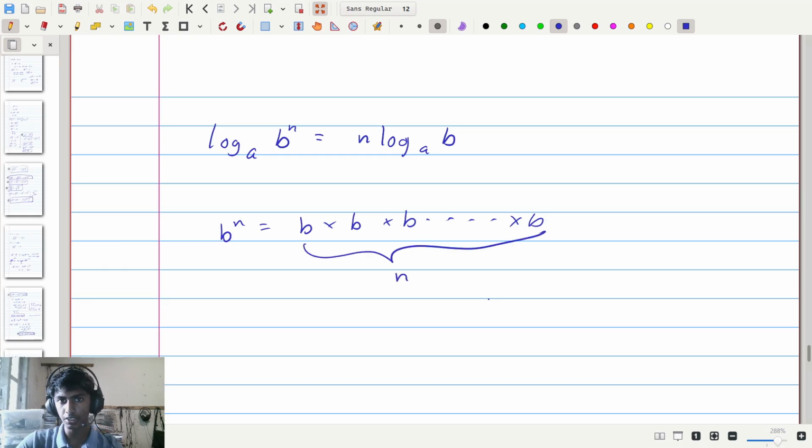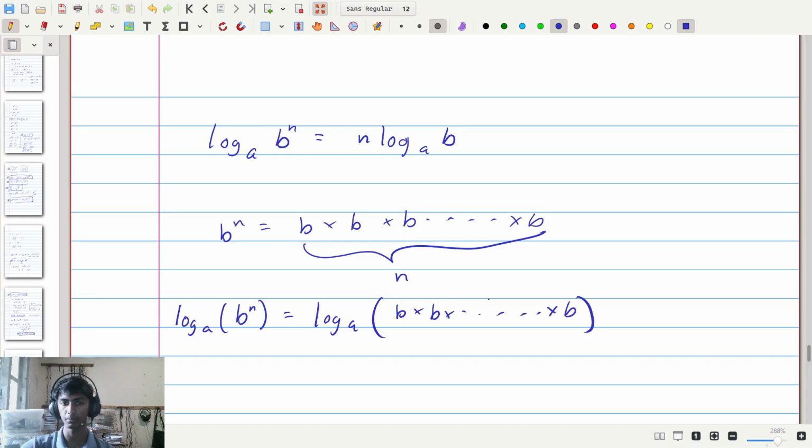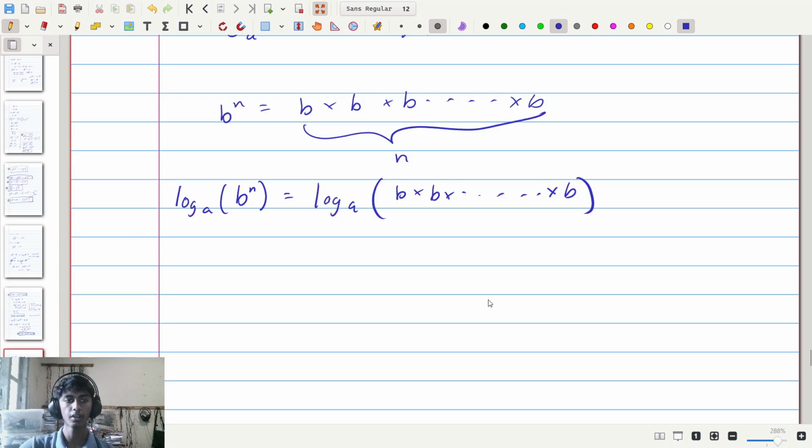We've already just discovered that a log of a product is equal to the sum of each of the individual logs. Taking the logarithm of both sides, the logarithm base a of b to the n is equal to the logarithm base a of all of this, b times dot dot dot times b all the way down. So here on the right hand side we have a logarithm of a product.